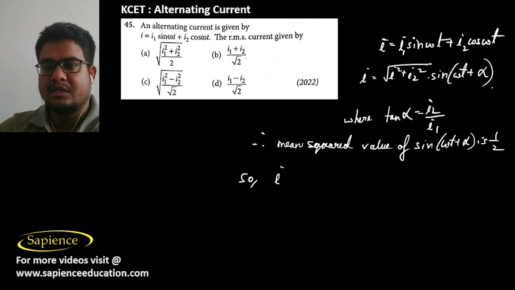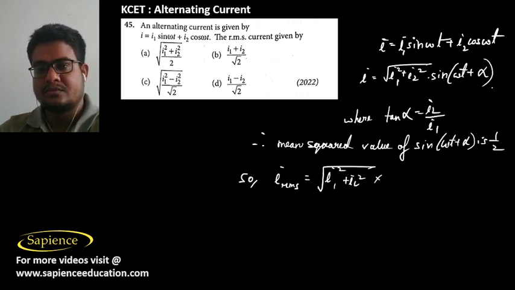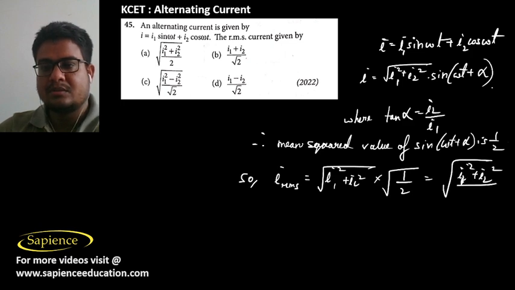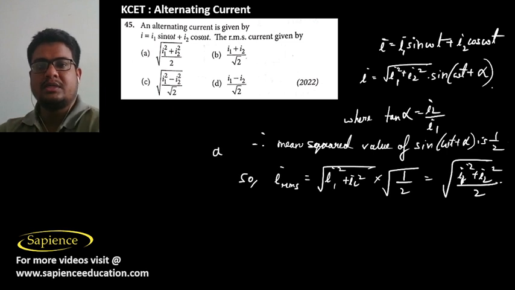So therefore I RMS, the root mean square value of the current, will be equal to square root of I1 square plus I2 square into the root mean square value of this, so square root of 1 by 2. So option A is the correct answer.